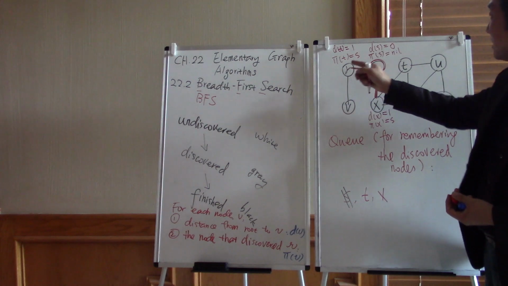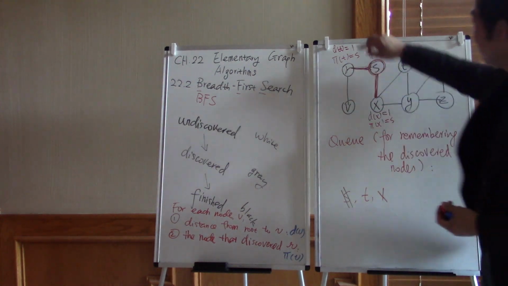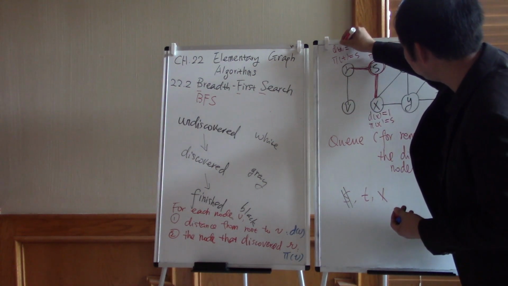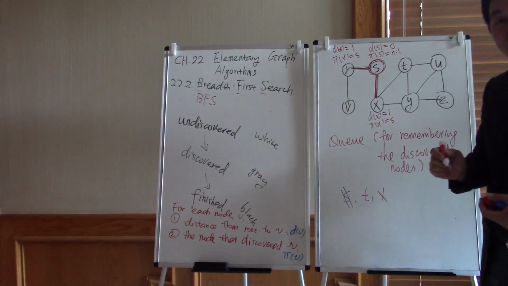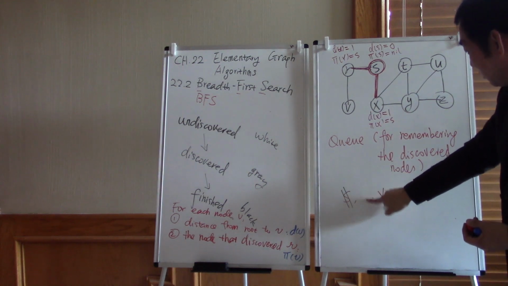This node is actually not T, it's R. So this is D of R equals 1, and pi of R equals S. My apology. Here we have R and X.